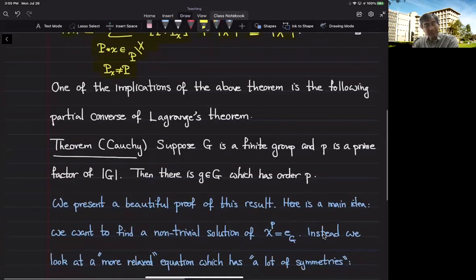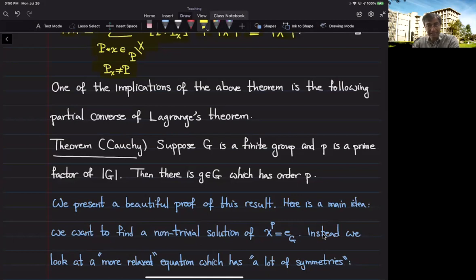We are going to use this theorem to prove Cauchy's theorem. What is Cauchy's theorem about? Lagrange's theorem says that the order of any element should divide the cardinality of the group. The converse of this statement is, of course, false, because if I give you a group of order n, it does not necessarily have an element of order n.